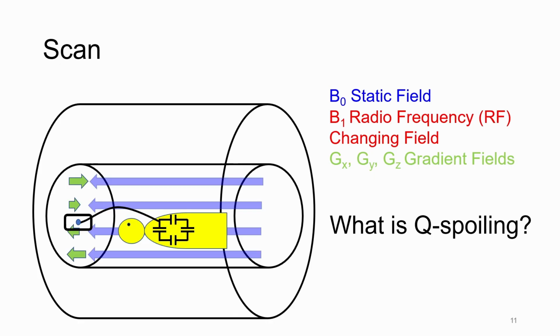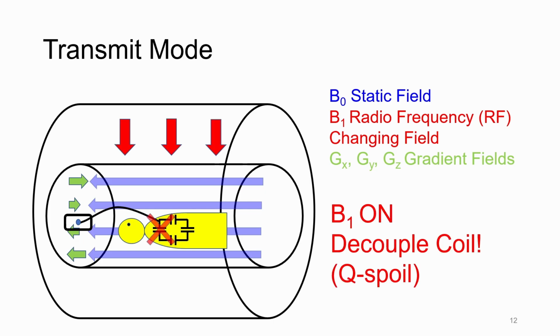Okay, so back to our cartoon MRI bore. What is Q-spoiling exactly? Well, during transmit mode, your B1 field is turned on, and usually if you had an MRI receive coil, that B1 could induce high currents through the coil that can be an issue for patient safety as well as the protection of electronics in your receive chain, such as the low noise amplifier.